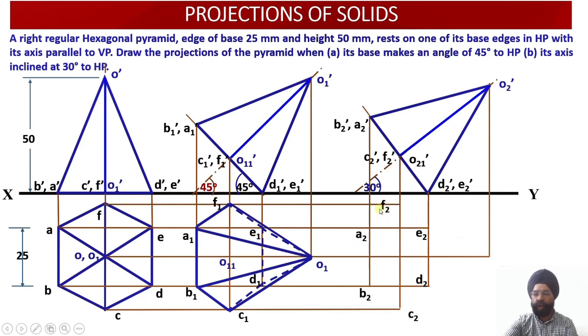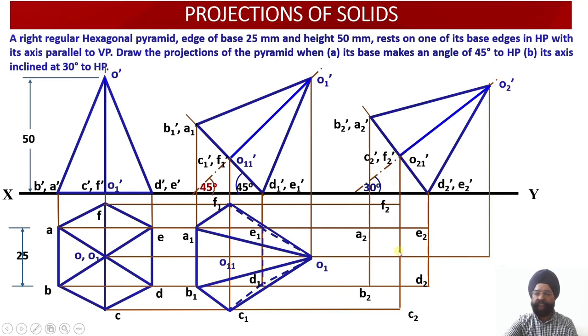So once again the corresponding points have been located. So projector through A2 dash and projector through A has provided us with A2. Vertical projector through B2 dash and horizontal projector through point B over here has provided us with the point B2.